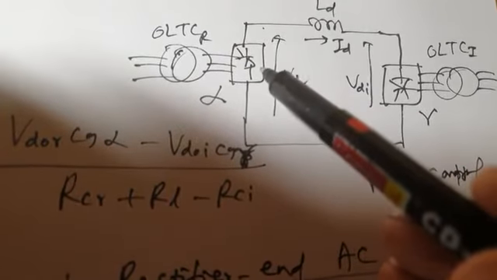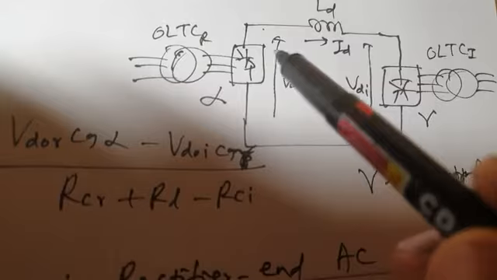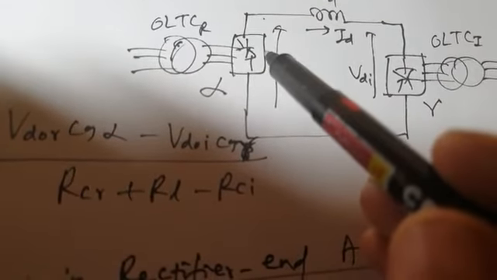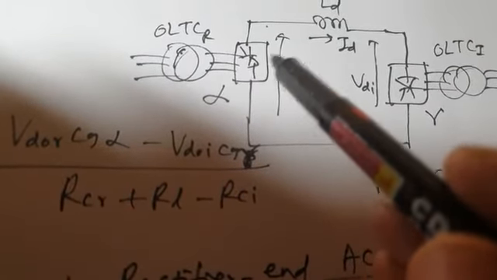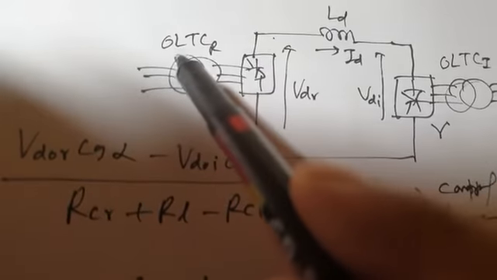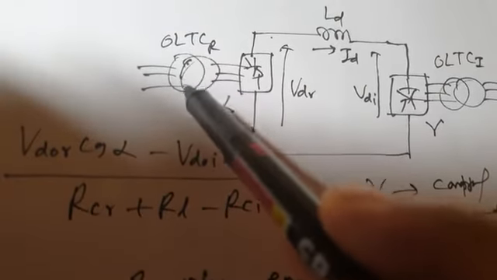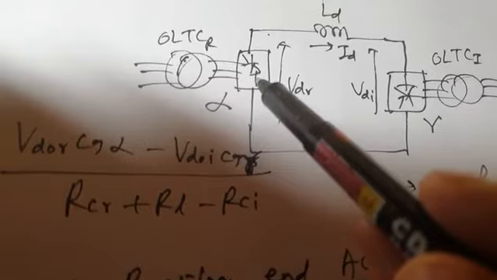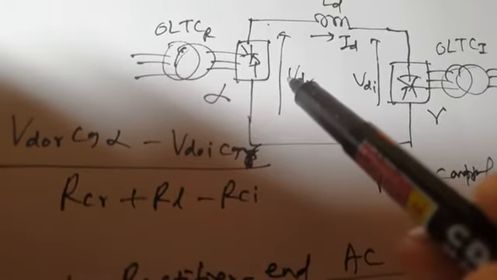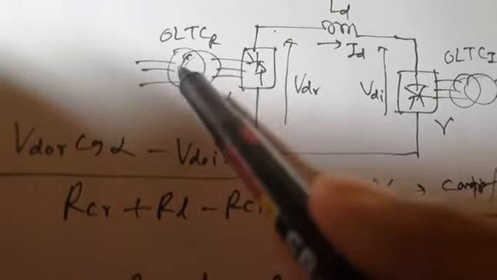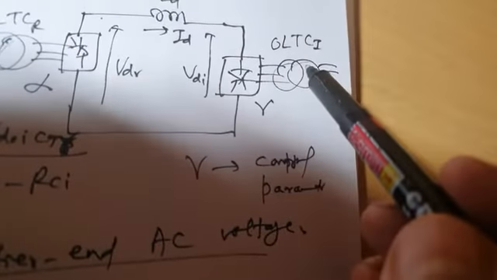So that ID becomes equal to ID ref. If ID is still greater than ID ref, then online tap changing here will operate. It will decrease the tapping of this transformer, decrease the voltage, and ID will become equal to ID ref. But if that also fails, then inverter side online tap changing will operate.